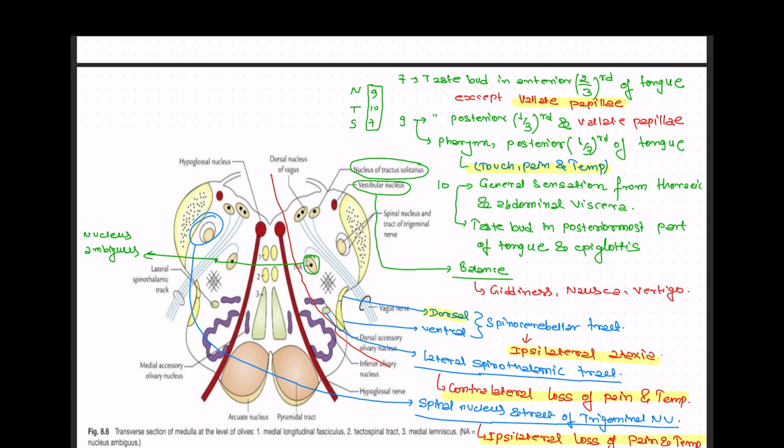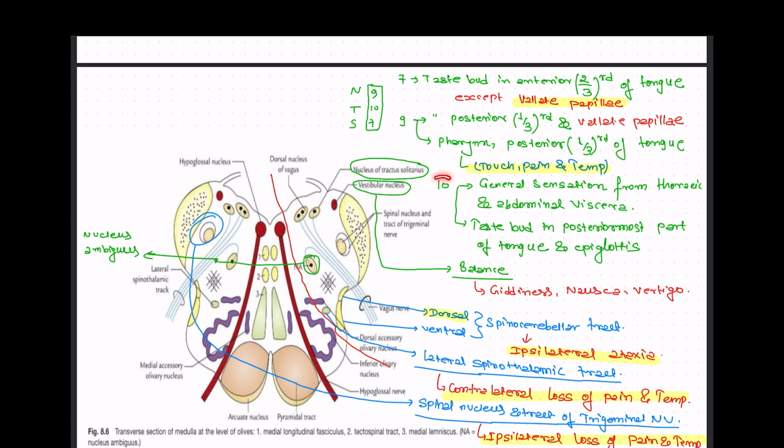First of all, we talk about the tractus solitarius, which includes cranial nerves 7, 9, and 10. The fibers of the 7th cranial nerve receive taste from the taste buds in the anterior 2/3 of the tongue, except the circumvallate papillae, and the fibers of the 9th receive taste from the taste buds in the posterior 1/3 of the tongue and the circumvallate papillae, and receive touch, pain, and temperature sensation from the pharynx and posterior 1/3 of the tongue.